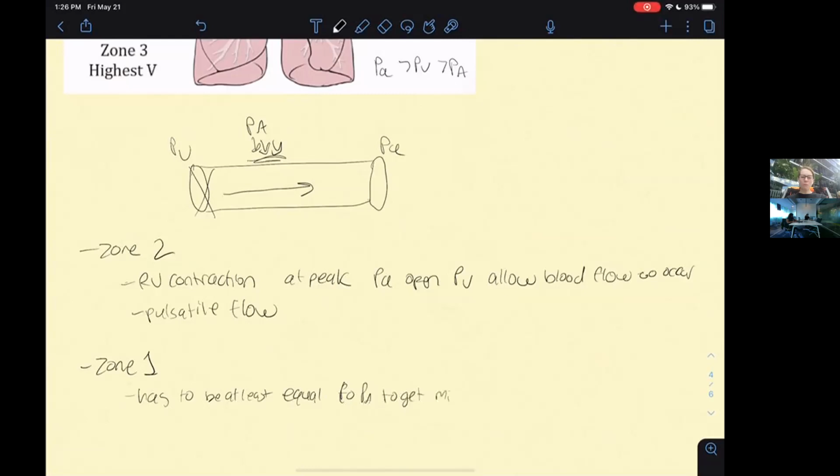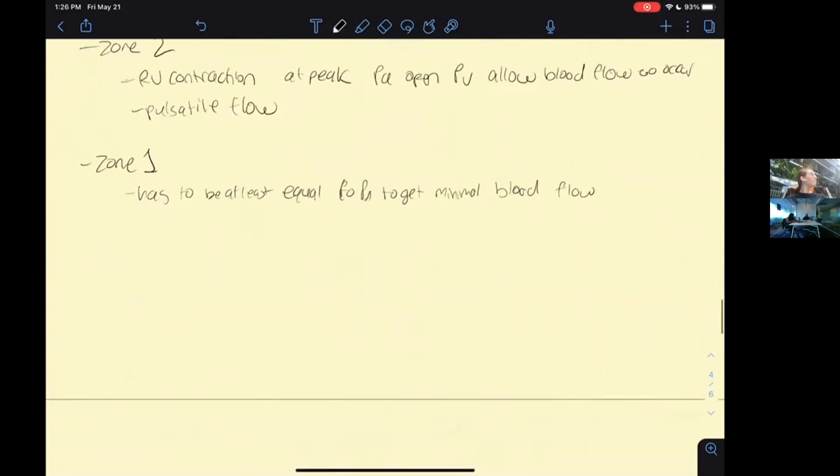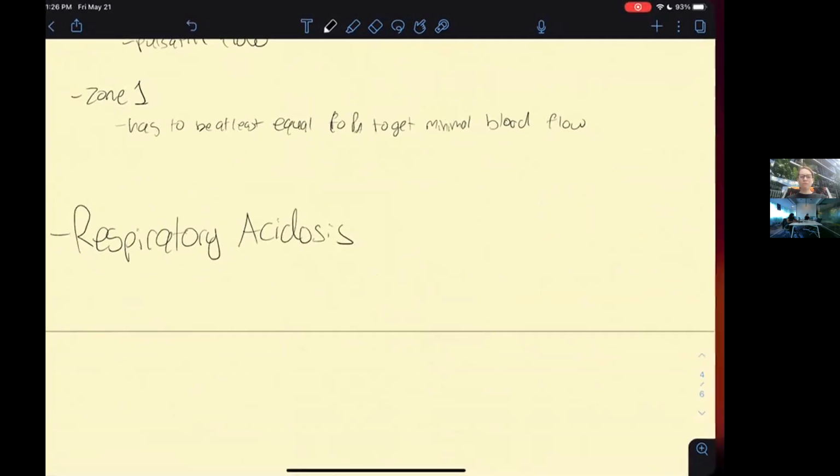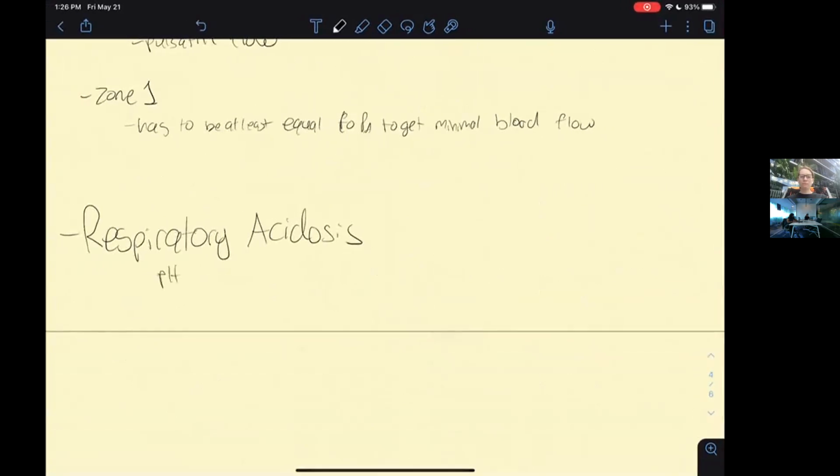And that's all I had for respiratory physiology. Now we're going to get into a little bit more of acidosis and alkalosis. So we're going to first start with respiratory acidosis. So respiratory acidosis, by definition, you have a pH that's usually less than 7.37, right?